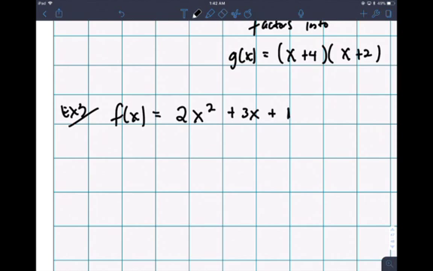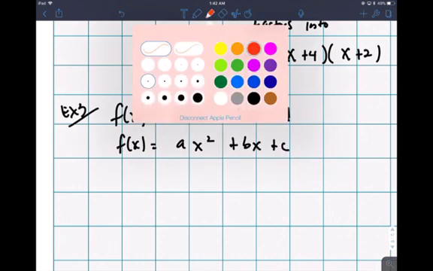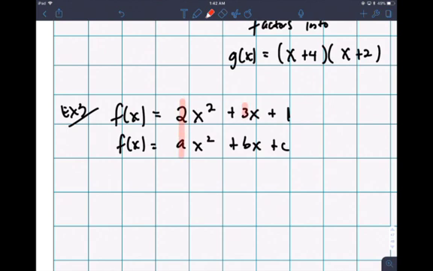Notice here, it's going to be a little more complicated, but they work the same. If I write the general form, f of x is equal to ax squared plus bx plus c, and if I try to match it, everything matches nicely.